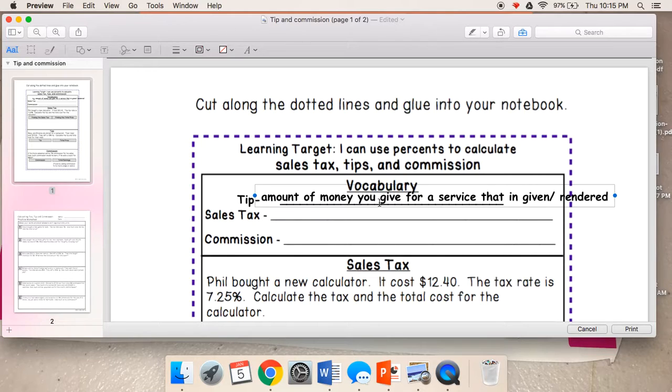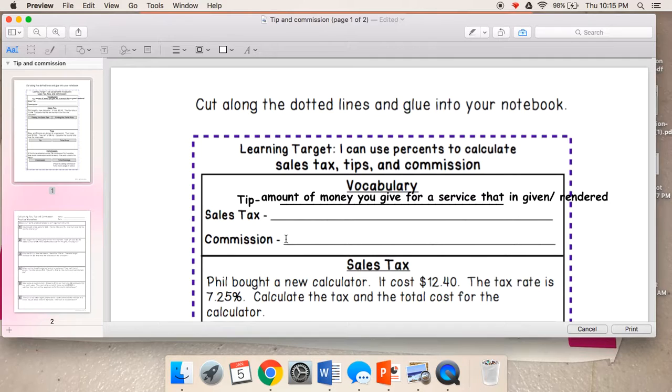Another situation is a taxi cab in a big city, where you might tip your driver for getting you there safely and on time, on top of what you owe them. So that is tip. I'm going to give you a minute or two to write that down.